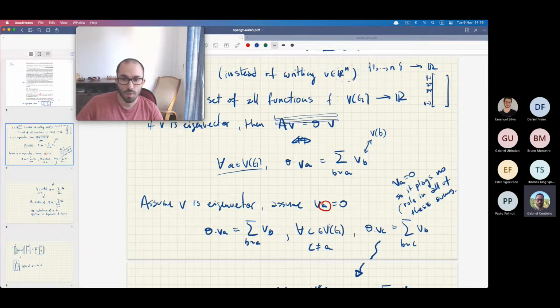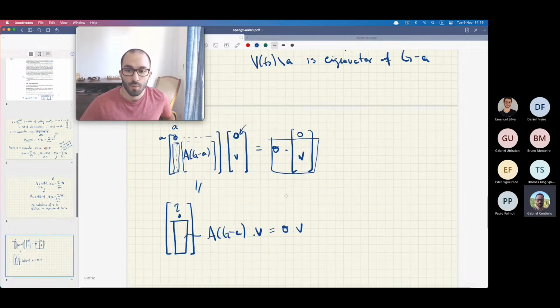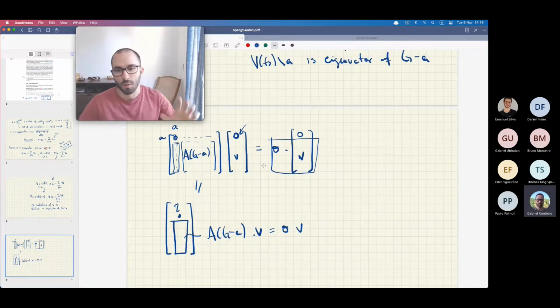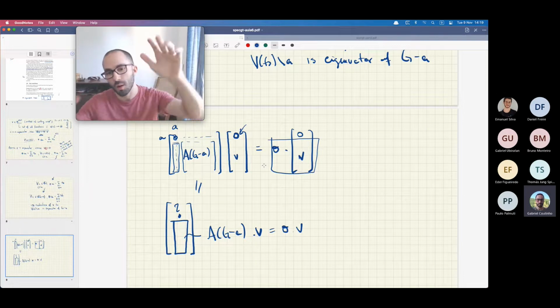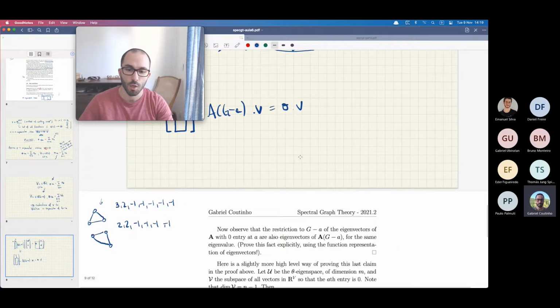One is more conceptual, using the eigenfunction interpretation of eigenvectors. Another way is by writing the matrix product on your right, and simply writing the product and seeing restrictions to entries, what's going on.